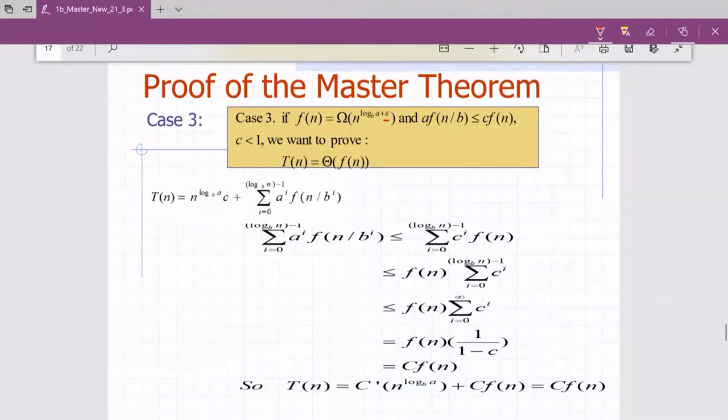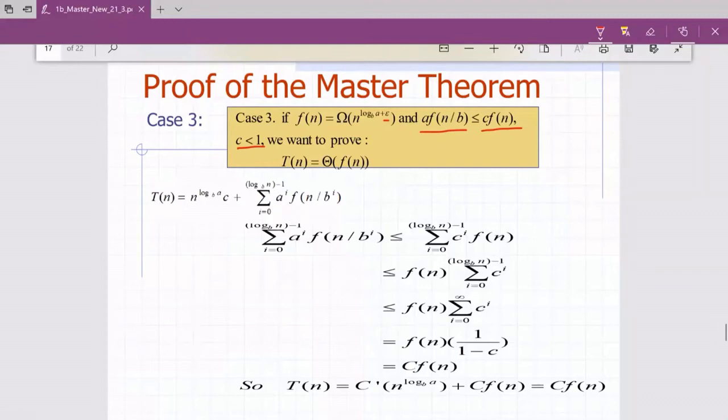So at least a little bit bigger. And also a f(n divided by b) less than c f(n). When c is less than 1, we will have T(n) equals exactly f(n).